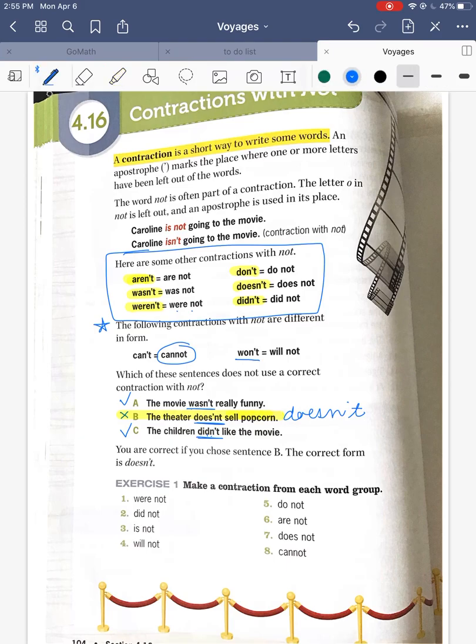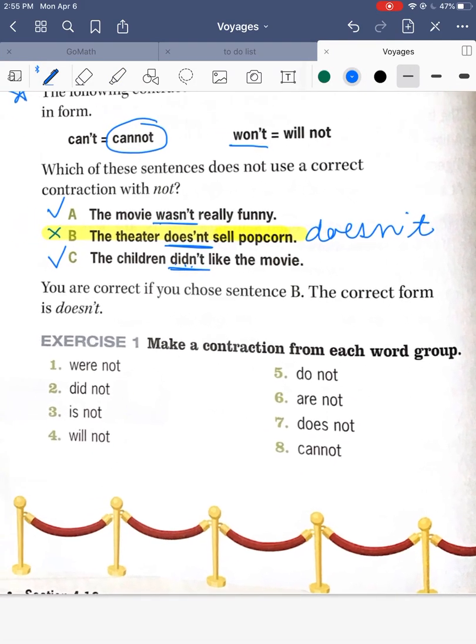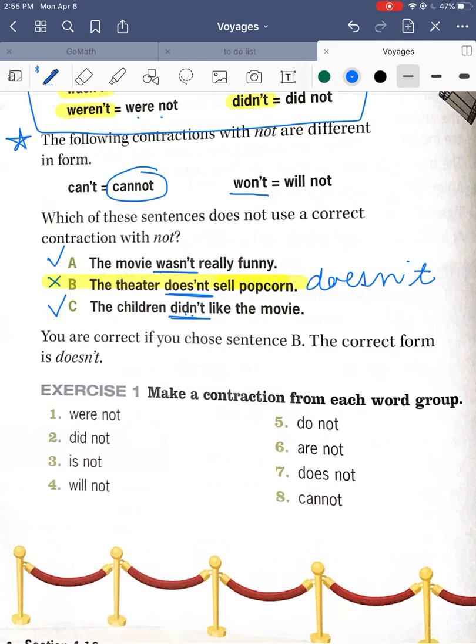Now down here for exercise 1, it wants us to make a contraction. So were plus not becomes weren't up here. So W E R E N apostrophe T. Did not becomes didn't. Is not becomes isn't. Will not is that special one.